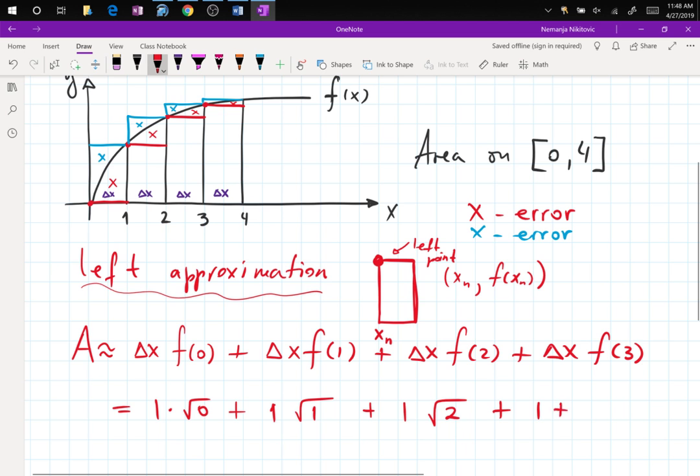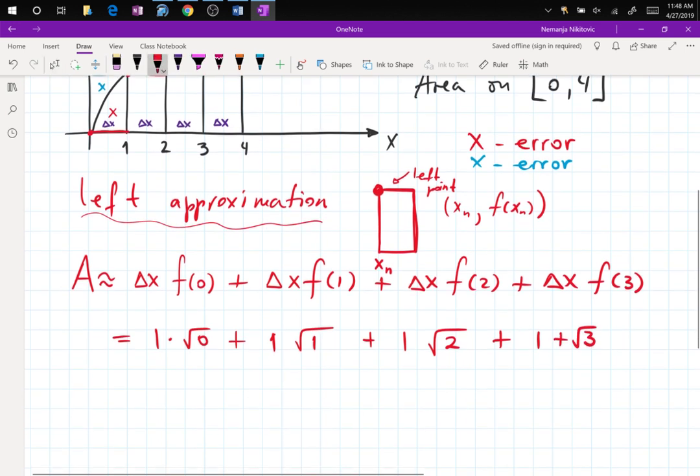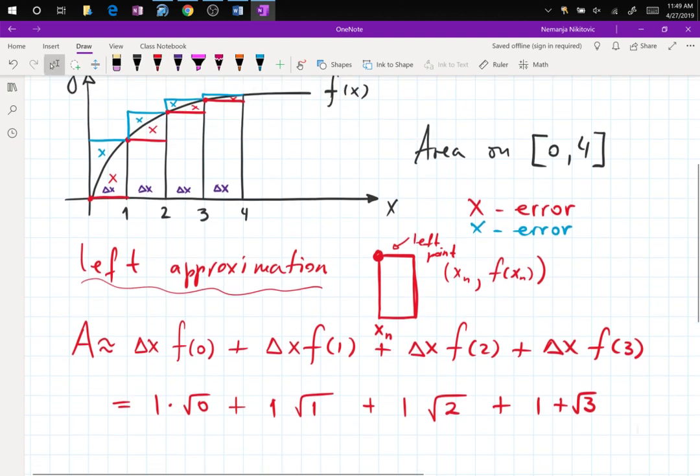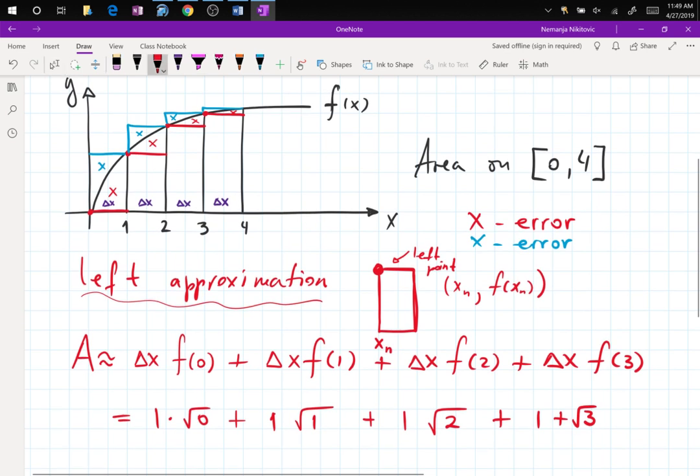So what I have here is 1 times root 0, 1 times root 1, 1 times root 2, 1 times root 3. Because the left points, you see that I drew the rectangle emerging from 1, and then I went to 2. Then emerging at 2 went towards 3. Emerging at 3 go towards 4.